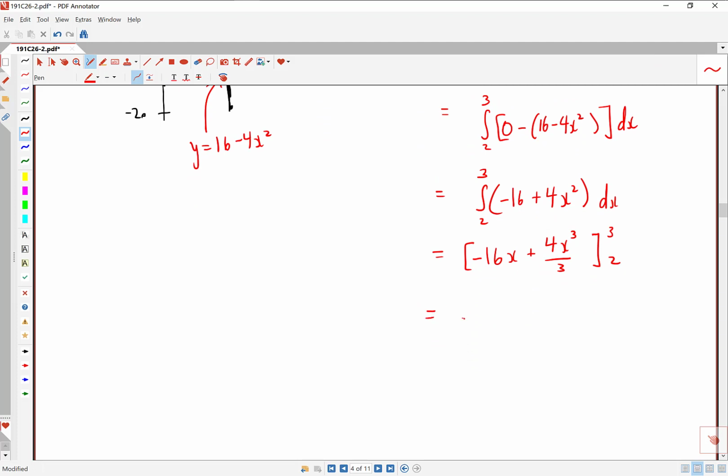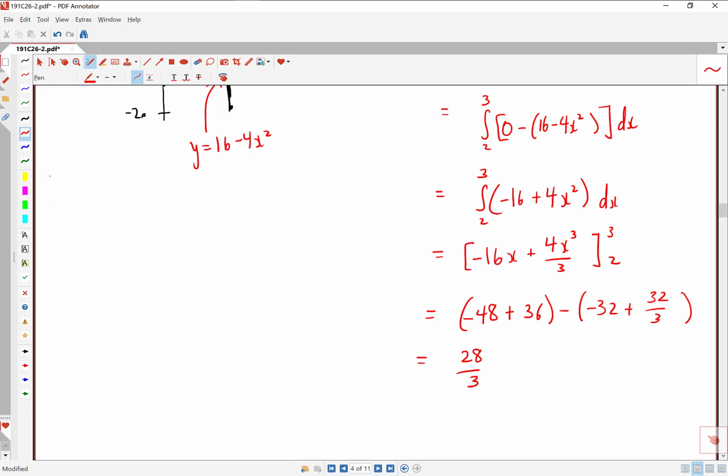Plug in 3, we're going to have minus 48 plus 36. And then we're going to subtract off the value at 2, which is going to be negative 32 plus 32 over 3. So final answer for the area comes out to 28 over 3.